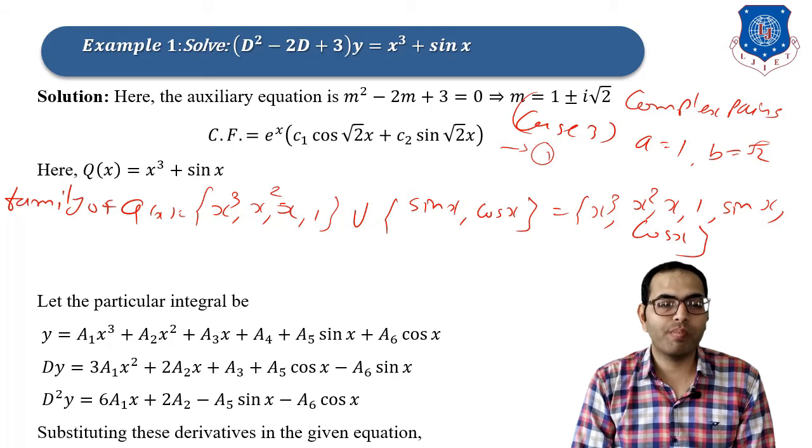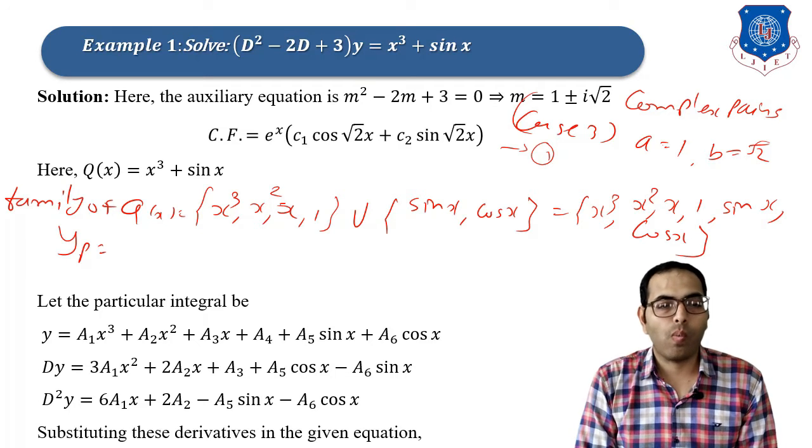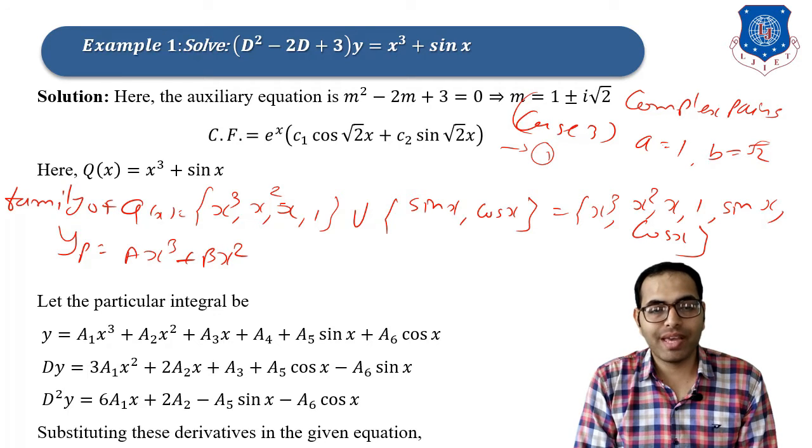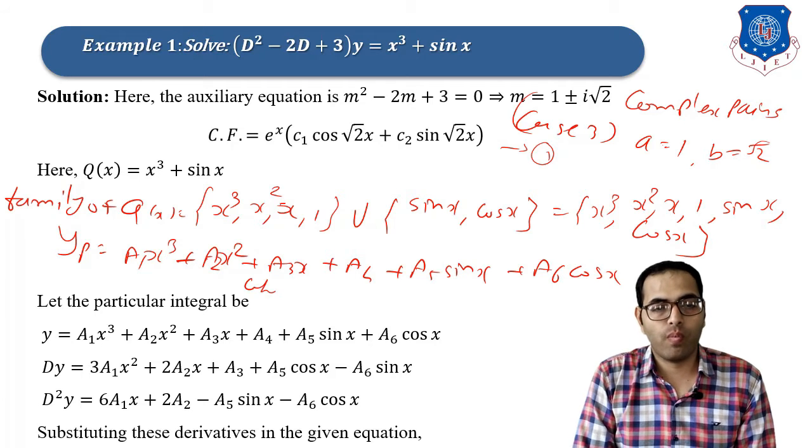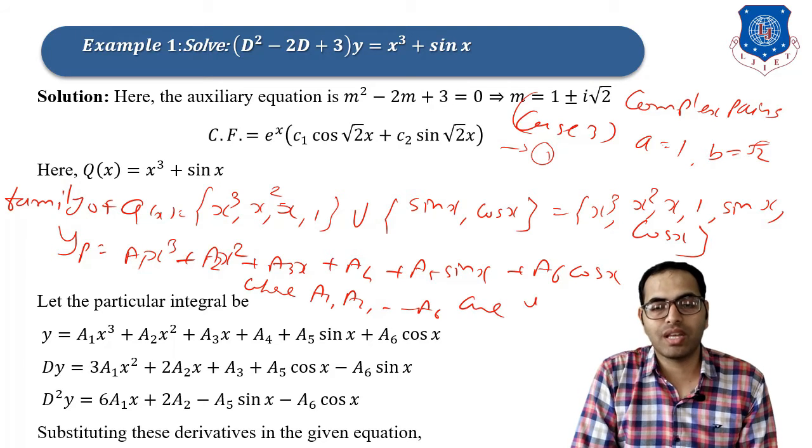Now the linear combination equation is yp = a1x³ + a2x² + a3x + a4 + a5 sin x + a6 cos x, where a1, a2 up to a6 are undetermined coefficients.